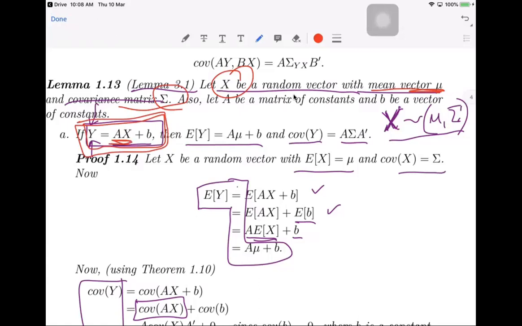So when we multiply AX there, A and X must be conformable when you do multiplication. And whatever is the result, that will be the dimension of Y. So for example, your X is n by 1.